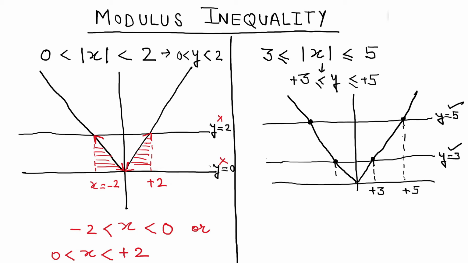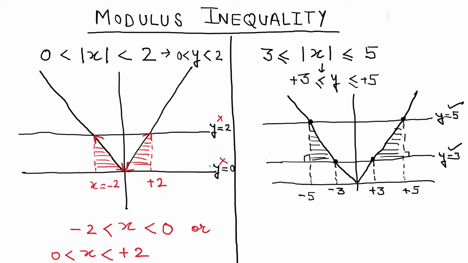This point, when brought onto the x-axis, is -3, and when this point is brought onto the x-axis, it is -5. So we are essentially talking about the entire area, with all three sides of both the right angle triangles inclusive, because this is inequality along with the equality part.